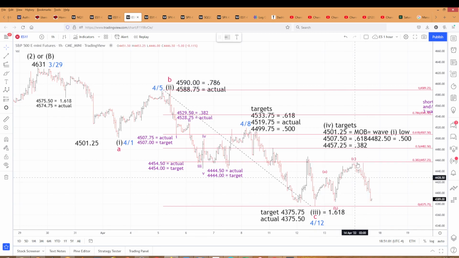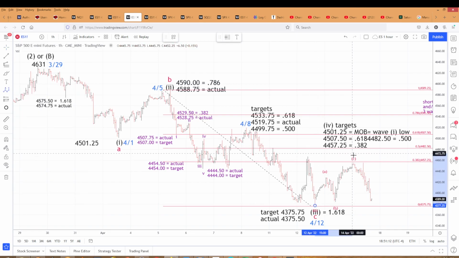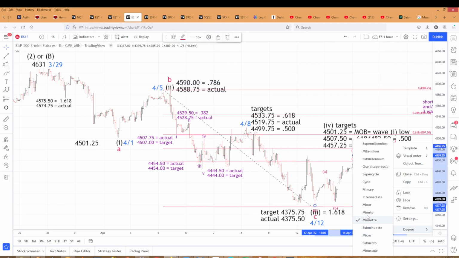Now again, all of this could be a larger wave A, B, and C to these targets. Let me see if I can show you guys that, because we've got definite make or break points for all this stuff. I'll make that a different degree of trend and a different color so we can differentiate between the degrees.